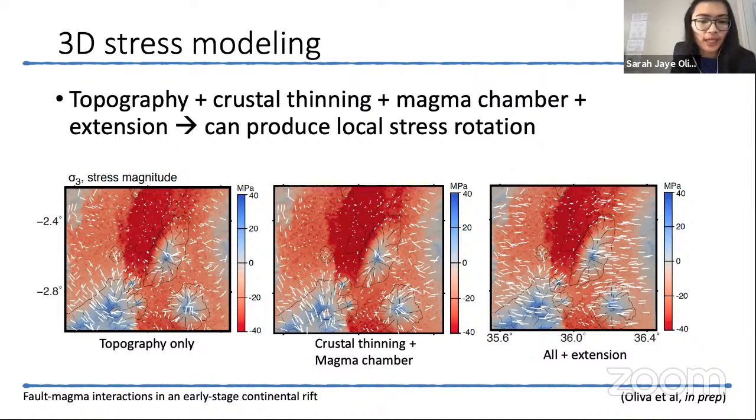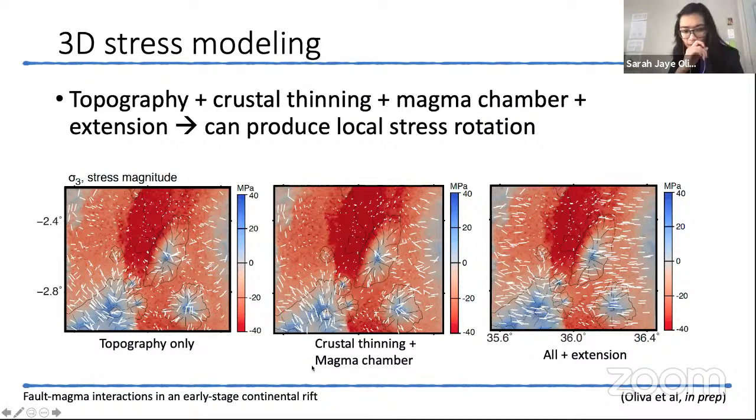You can see how in the area between Oldonyo Lengai and Gelai, the direction of sigma 3 changes a lot depending on what we're modeling. Especially, we see that it's the second image that is closer to the northwest extension direction that we observe from the earthquakes.